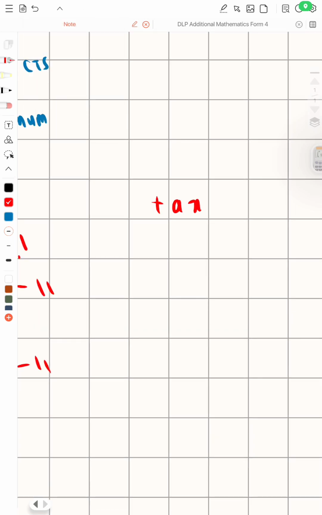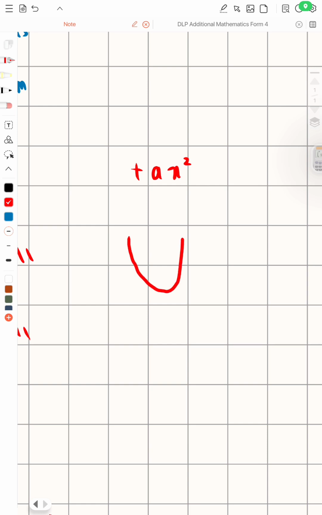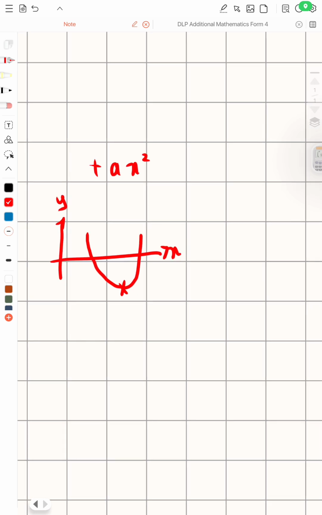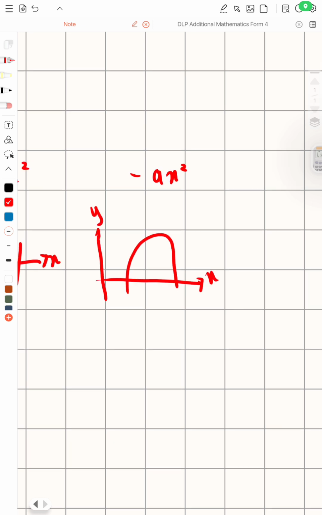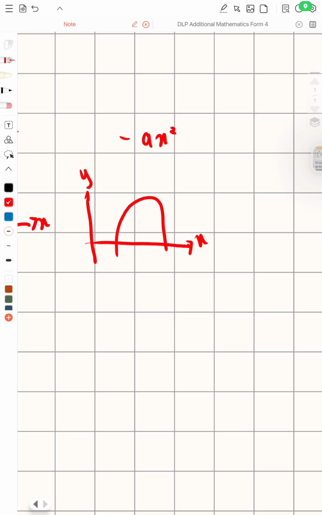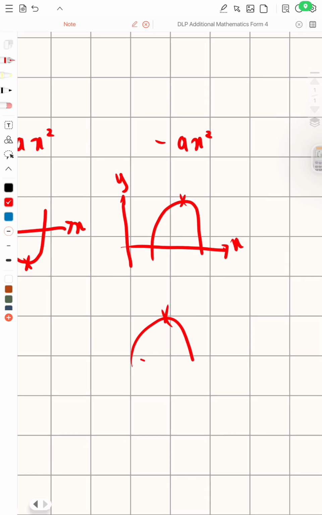So if you have a value of positive ax squared, you'll have smiley face. So if you put the y and x axis, obviously the peak of the graph would be the minimum point. But if you have negative ax squared, you will have sad face. And if you include the y and x axis, the peak of the graph, which is the hill, is the maximum point.